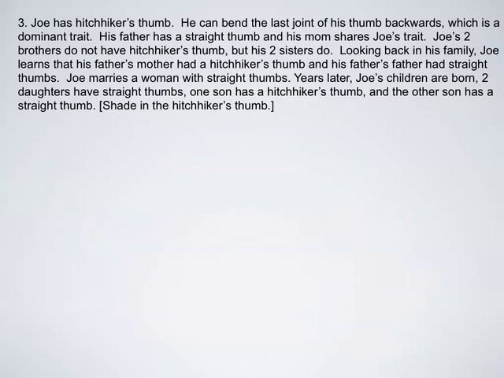I want you to read this on the overhead and draw the pedigree. Let me give you one tip though. It starts off telling you about Joe. Later on, it will tell you about his parents and grandparents. So you need to make sure what? Don't put Joe at the very top of your paper. You're going to need some room above him.